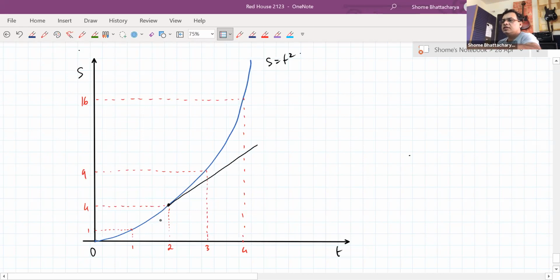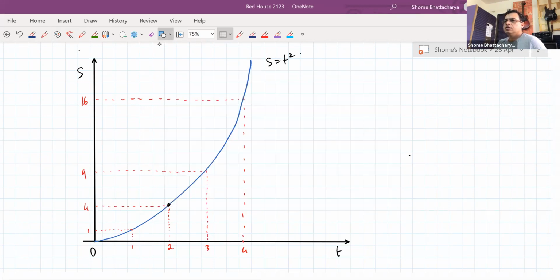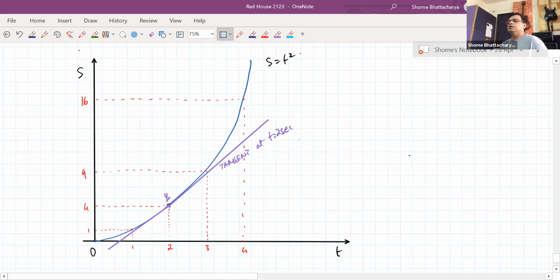It's, as I said, easier said than done, drawing a tangent line. Anyhow, roughly speaking, this is, let's say, a tangent at t equal to 2 seconds, that is this point B. Okay.